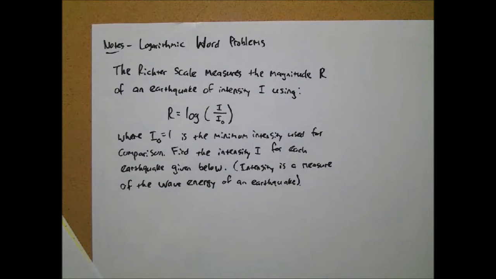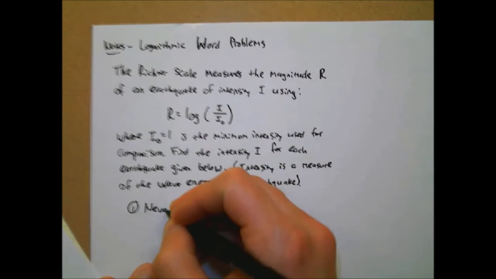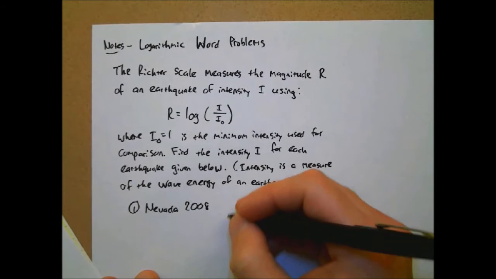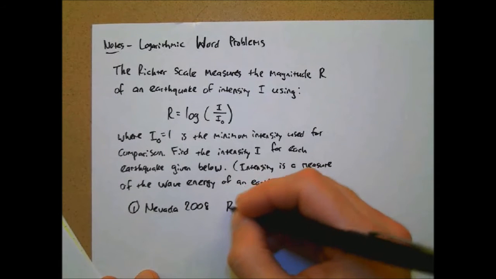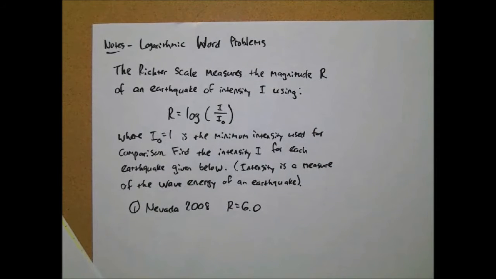Okay, we'll look at 2 here. In number 1, in Nevada in 2008, there was one that was a 6.0 on the Richter scale. Wow, 6.0 in 2008.